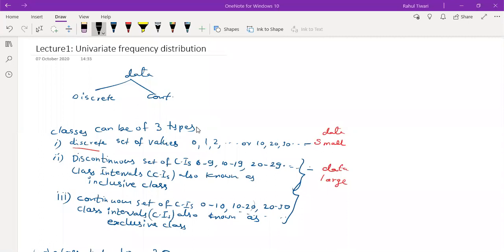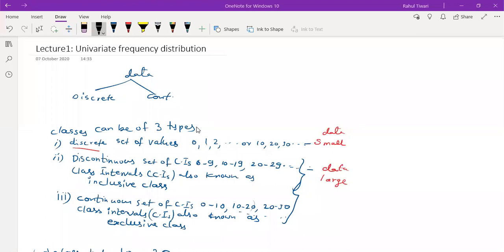We have studied three things related to the class. One is the discrete, which is just countable values 0, 1, 2, 3, and so on. Next is the discontinuous data, where your class interval will always be an inclusive class because your upper value will always be included.